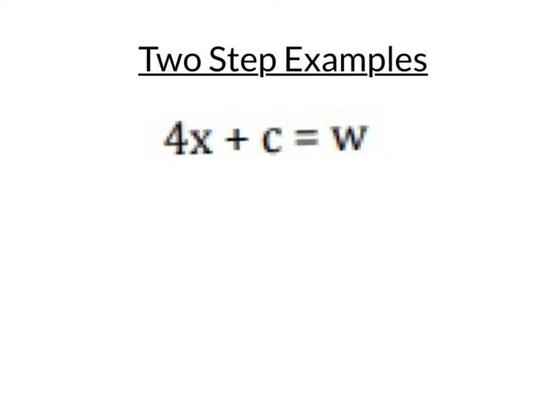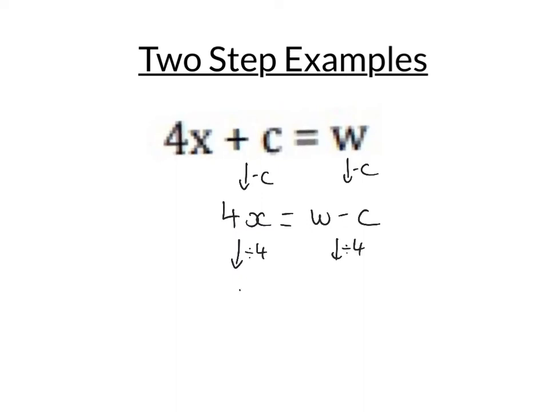So for this example, the first thing we would do is subtract c from both sides. This would leave me with 4x is equal to w take away c. From that point on then, if I've got 4 lots of x, I need to divide by 4.